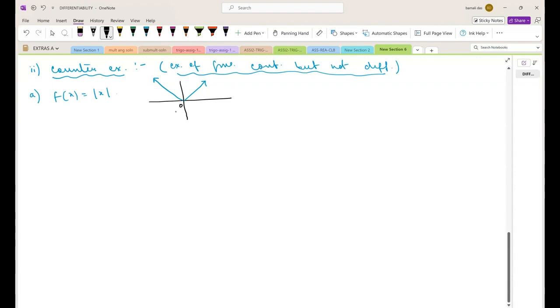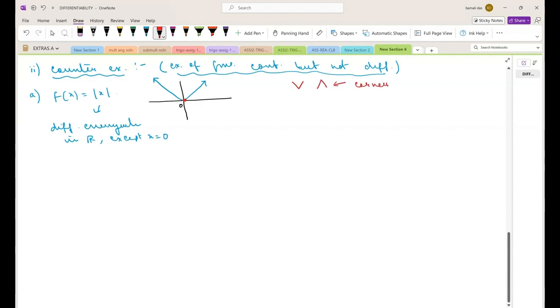Now, this function f(x) equal to mod x will be differentiable everywhere in R except x equal to 0. Okay, so just remember this thing, that if a function has a corner like this, either like this or like this, these are corners.